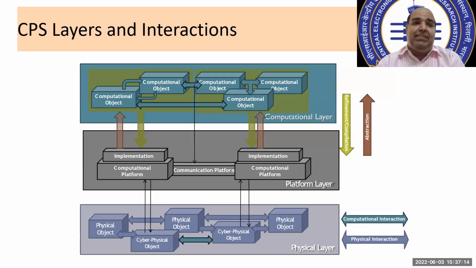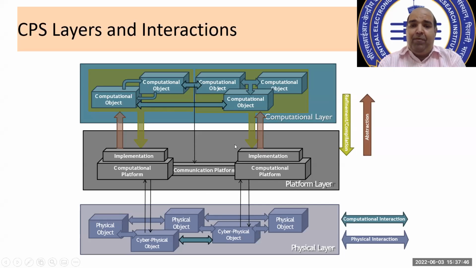Coming to the CPS layers and interactions, as I told you, the three blocks in the upper figure: there is a physical layer, a platform layer, and a computational layer. In the computational layer, each computational object is connected for the refinement and compilation of a few tasks, and there is an abstraction so that you can easily share with the platform layer.